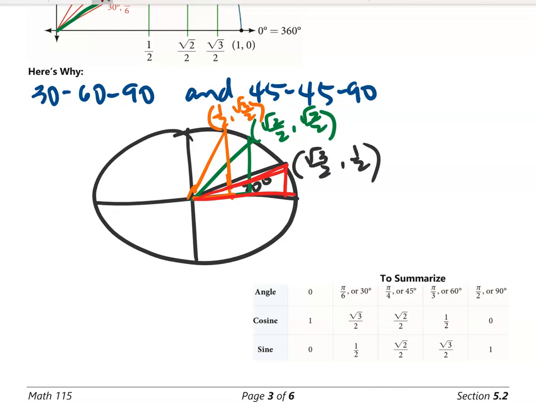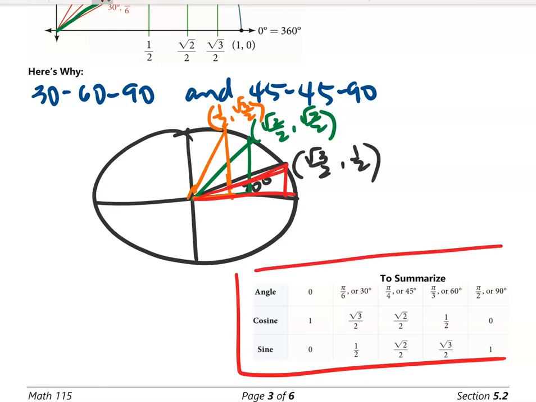So to summarize, and please remember this, this is a unit circle, this is 1, 0.